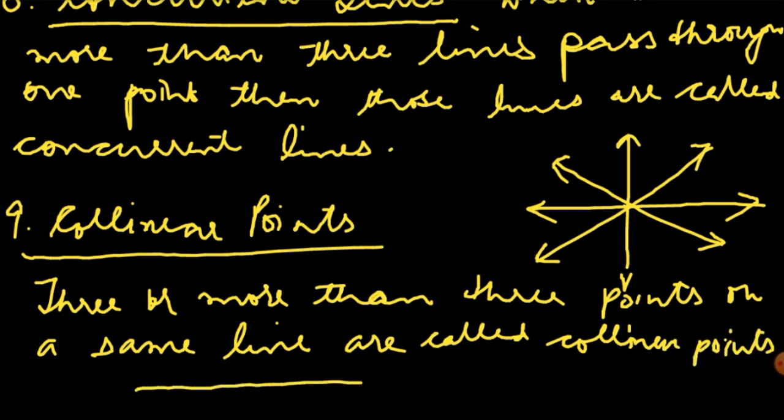For example, this is a line L. Now these are the points A, B, C, D. All these points are collinear points.